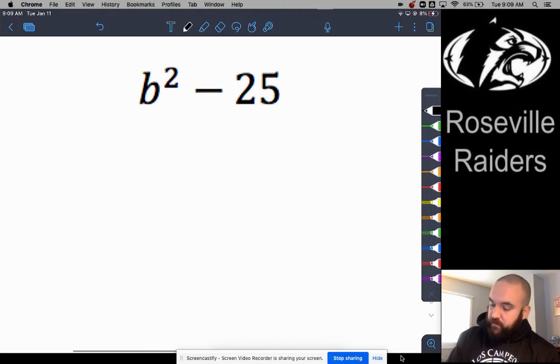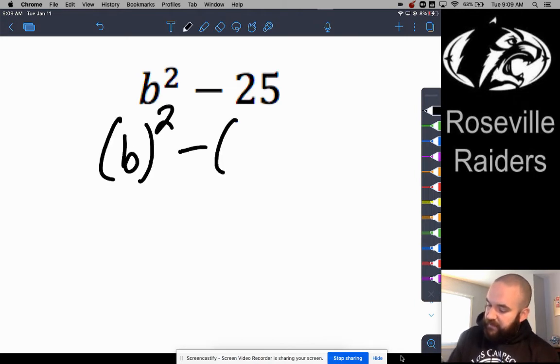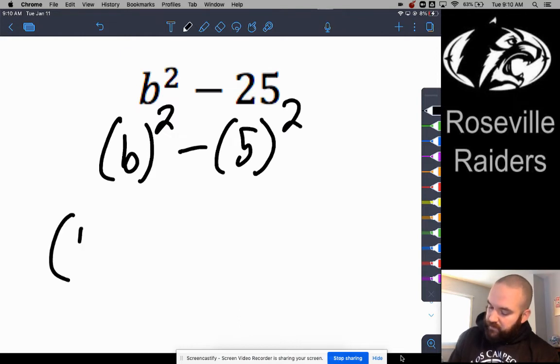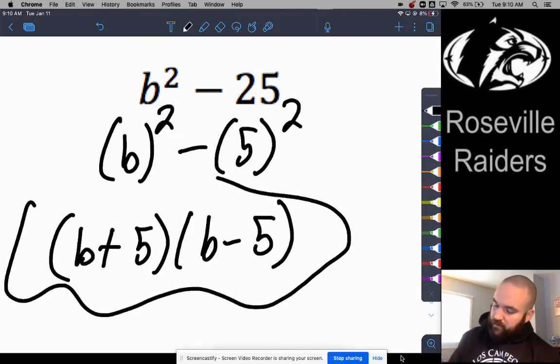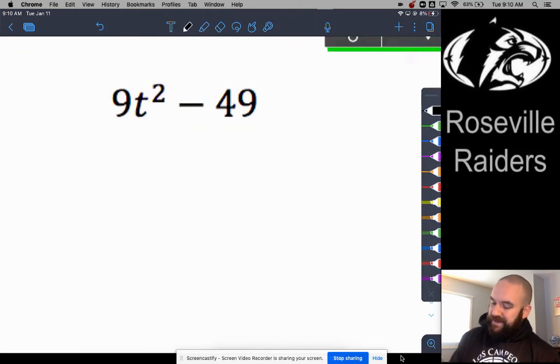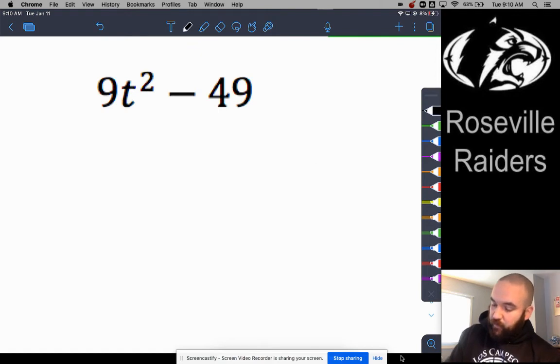So b squared minus 25, this is b times itself minus 5 times itself. So that means it'll factor to b plus 5 times b minus 5. Done there. Then over here, 9t squared minus 49.